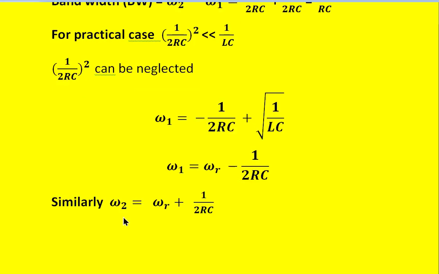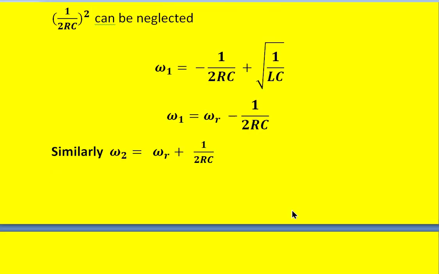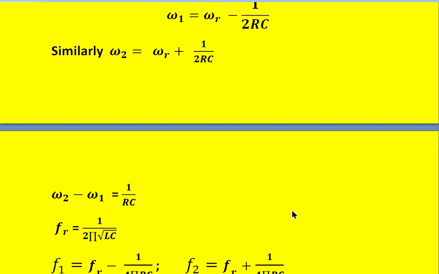Similarly, omega 2 is equal to omega R plus 1 by 2 RC. Then bandwidth BW is equal to omega 2 minus omega 1.